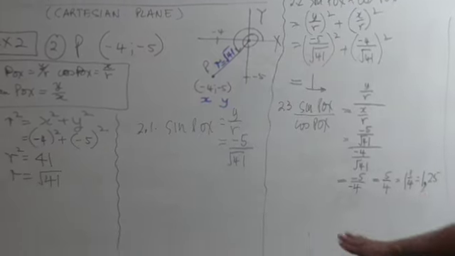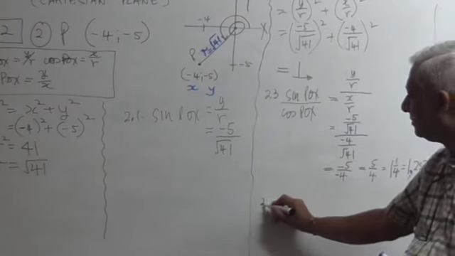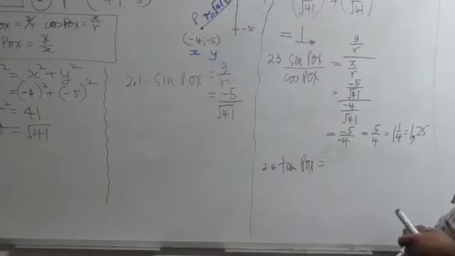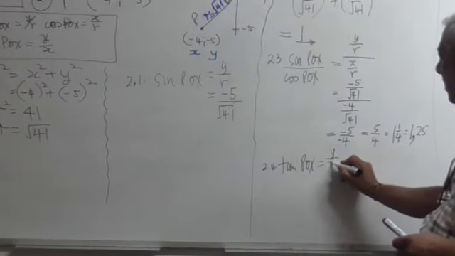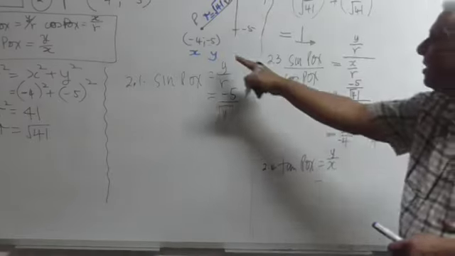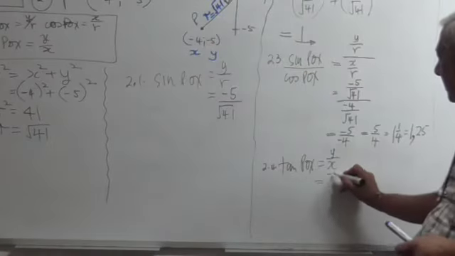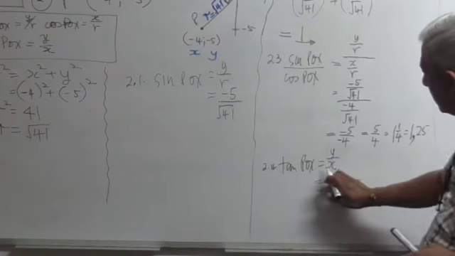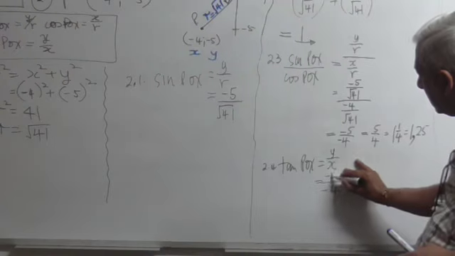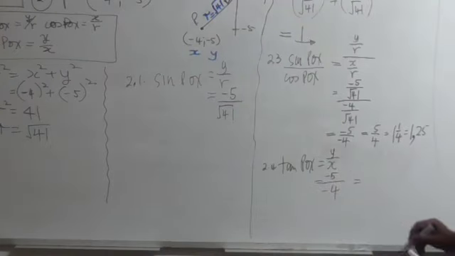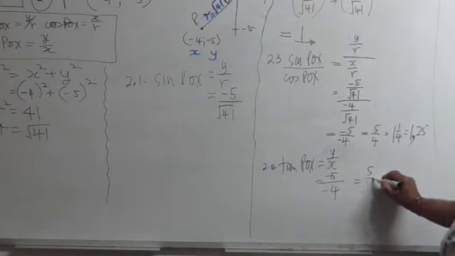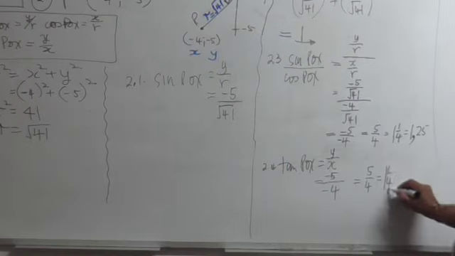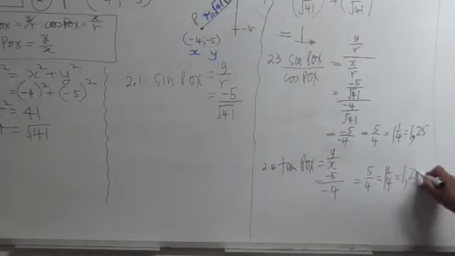Okay, and then finally, 2.4, you want tan, and tan is equal to y over x, where y is negative 5 and x is negative 4. Let's write it neatly: negative 5 over negative 4 becomes 5 over 4, which is again 1 1/4 or 1.25.